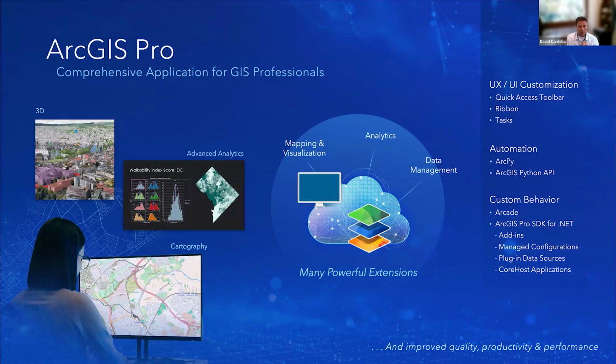You can automate Pro through ArcPy and through the Python API, but you can also customize the behavior of Pro either through Arcade scripts or through the Pro SDK for .NET. With the SDK, you can build add-ins that bring completely new functionality to ArcGIS Pro, or you can implement a managed configuration that gives ArcGIS Pro its own look and feel, such that your end users may not even realize that they're using ArcGIS Pro.